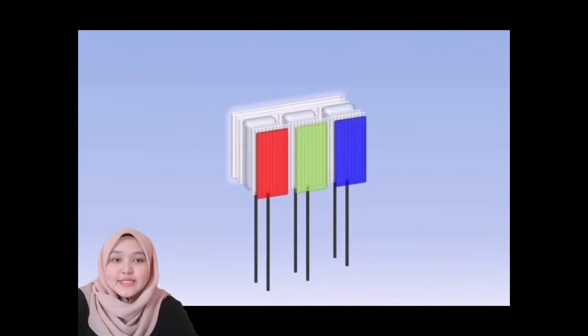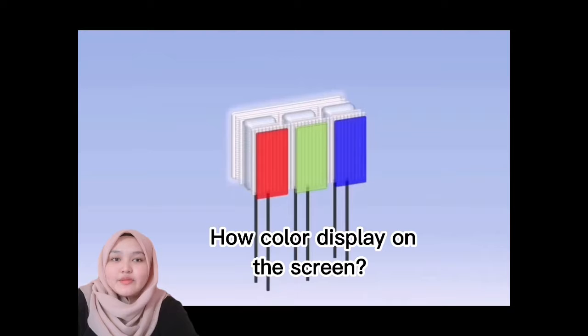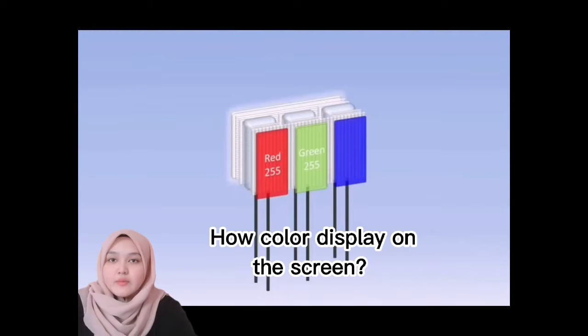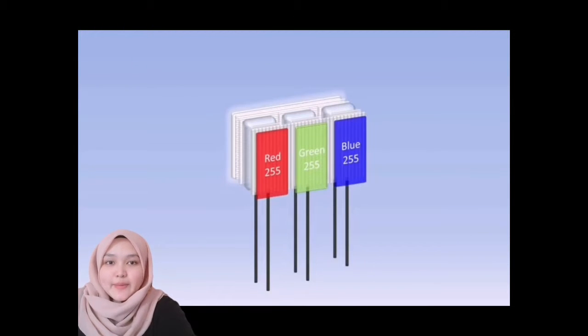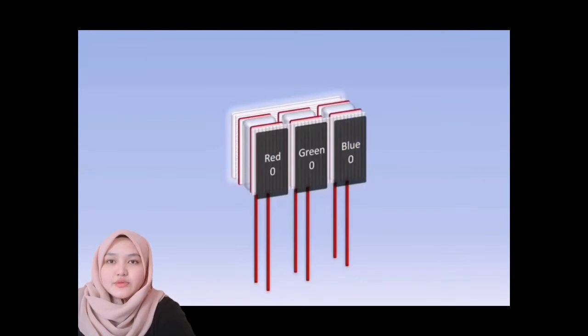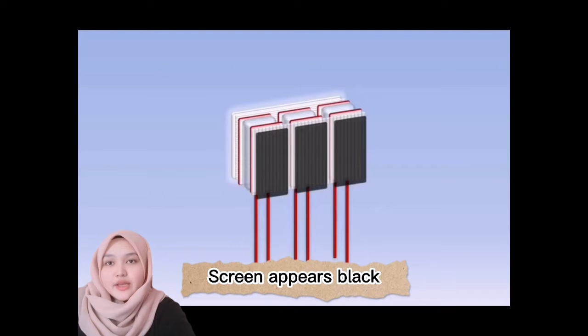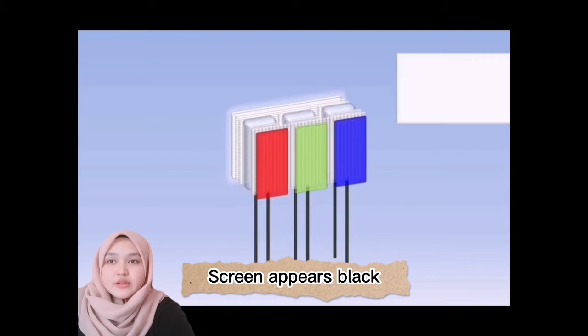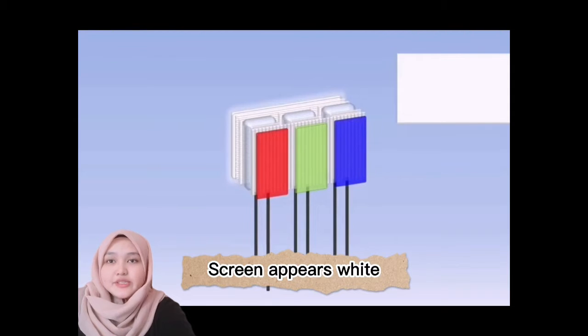How colors display on the screen. In terms of how bright the red, green and blue in each pixel are, by adjusting the number from 0 to 255. If all three numbers are 0, it will appear black, and if the numbers are 255, the screen will appear white.